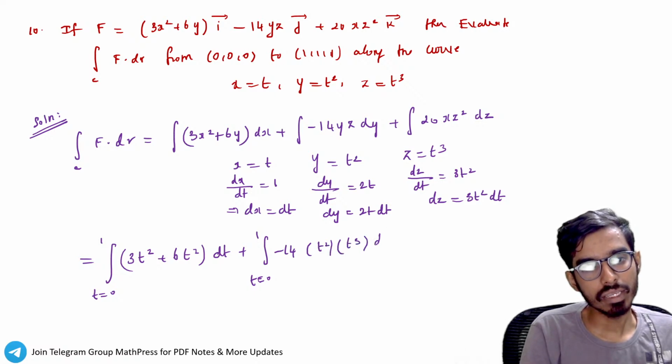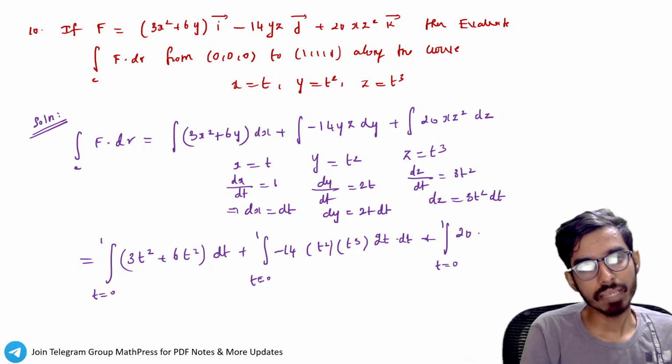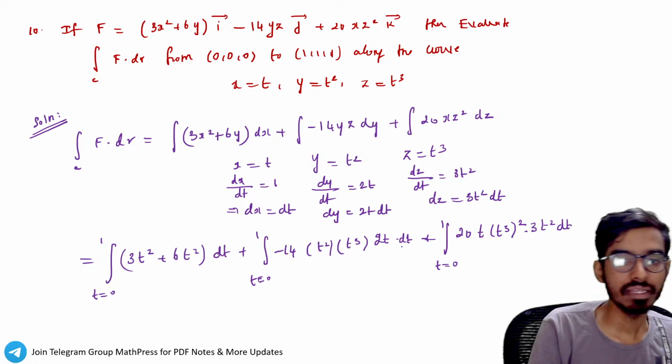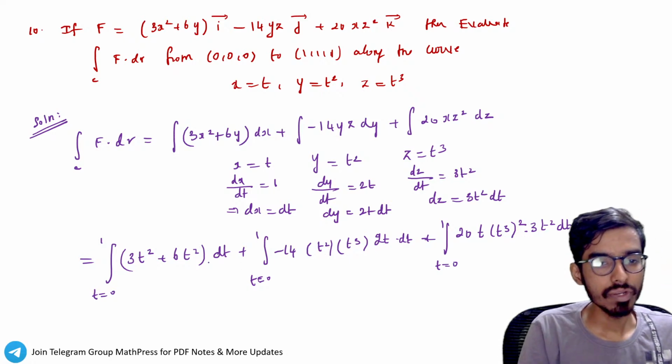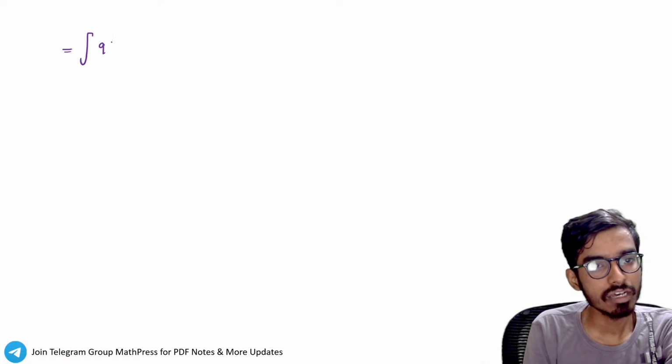And what is dy? dy is 2t dt, plus integration of t varies from 0 to 1, 20 times x into z². So x into z², and what is dz? 3t² dt, right? So from now on you can do, right? So this will be integration of 9t² from 0 to 1 dt.